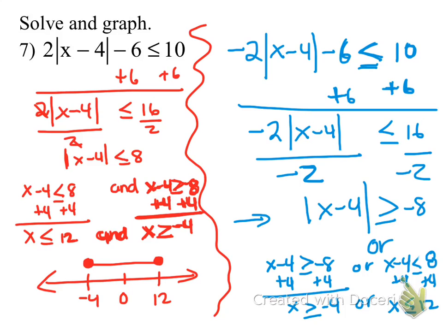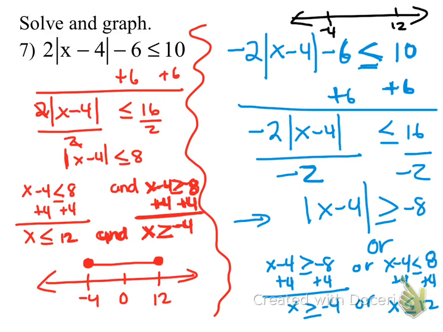Okay, now let's look at that graph and make sure this makes sense. What are the two numbers we have? Negative 4 and positive 12. It's an or statement.